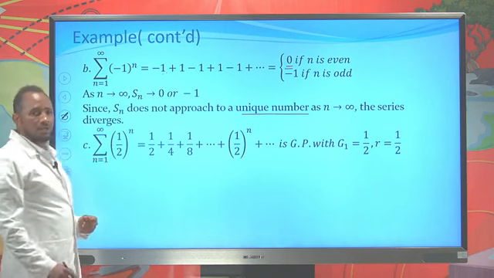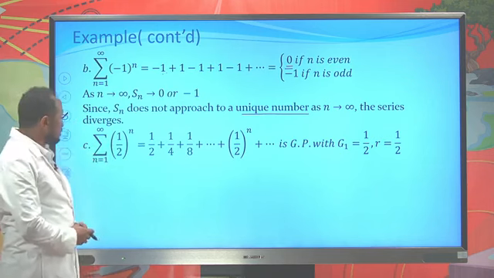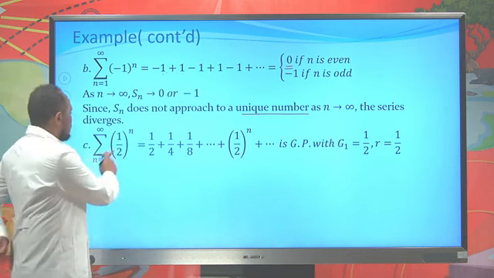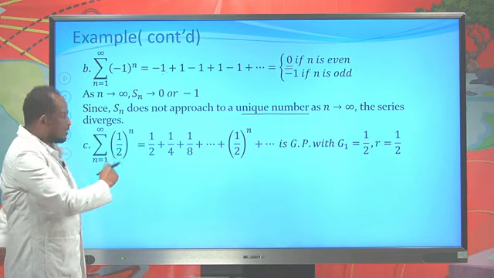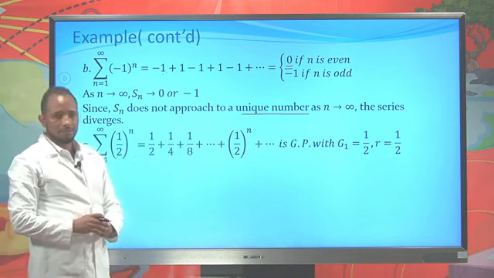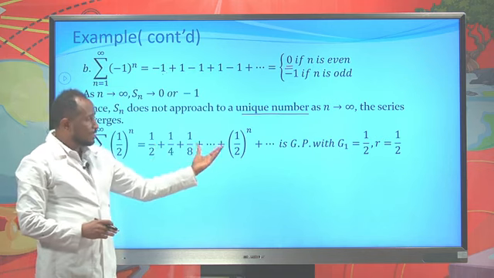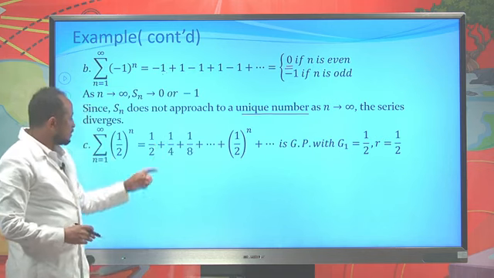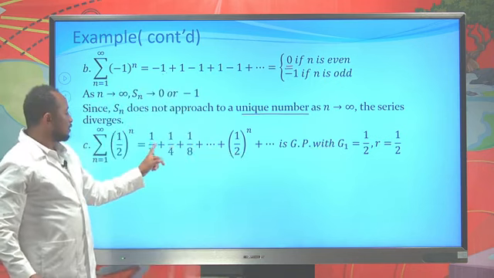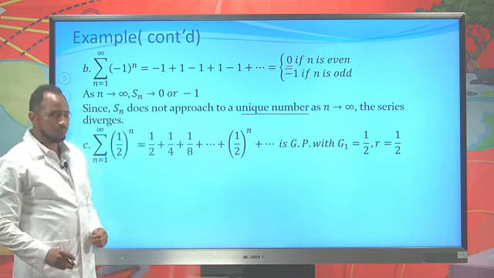Now, the third example is this one, the sum of 1 over 2 to the power of n, where n starts from 1 up to infinity. When you put 1 here, you get 1 over 2, and the second term is 1 over 4, 1 over 8, it goes on like this. So it is a geometric sequence with the first term 1 over 2 and the common ratio also 1 over 2.